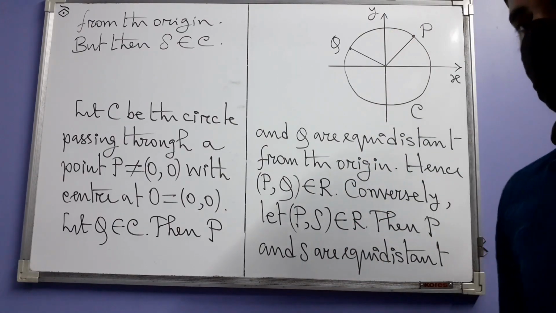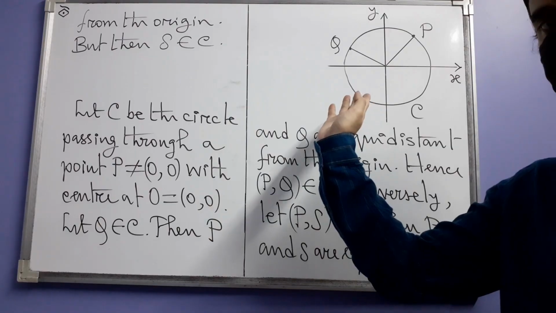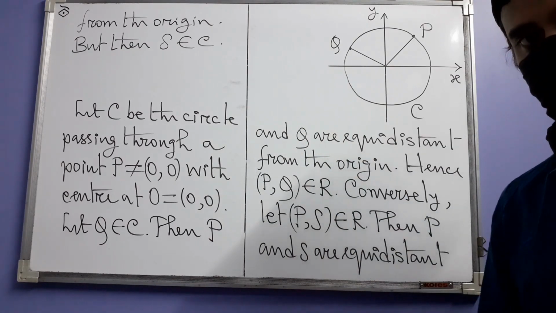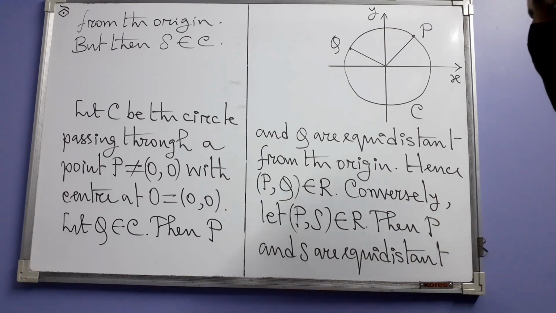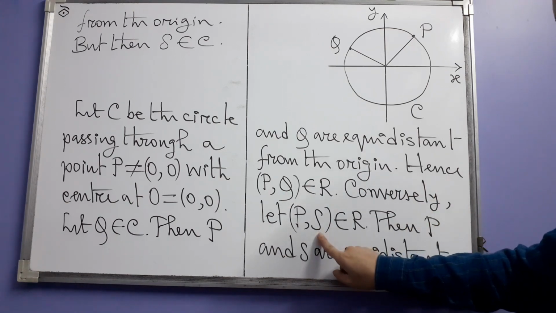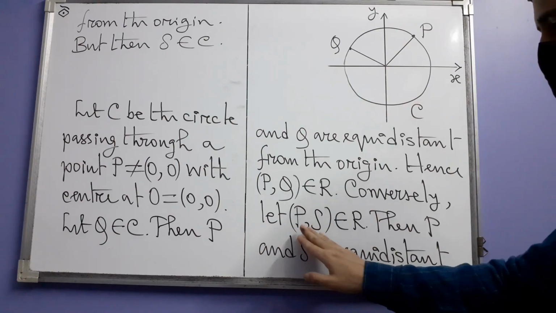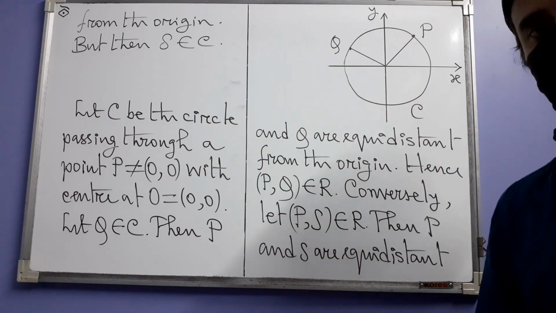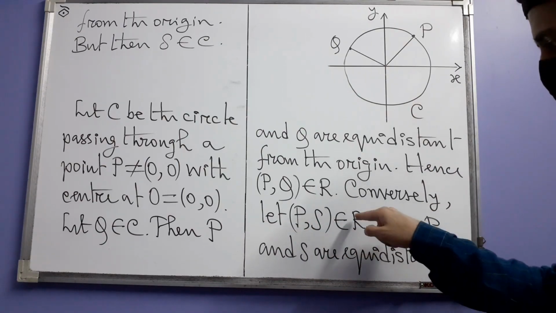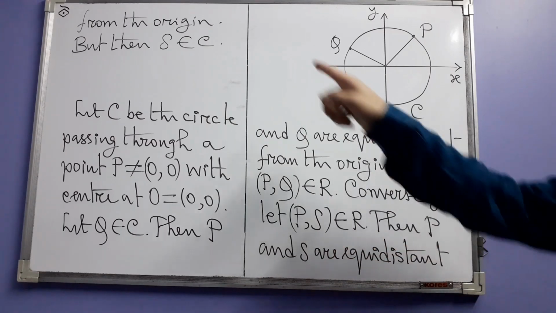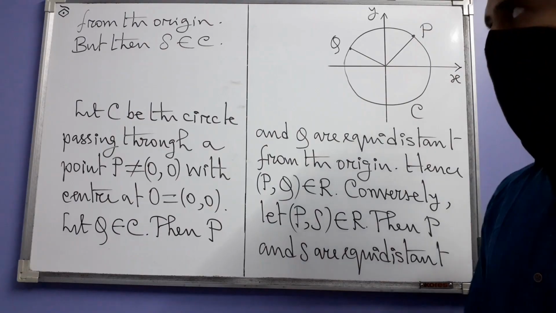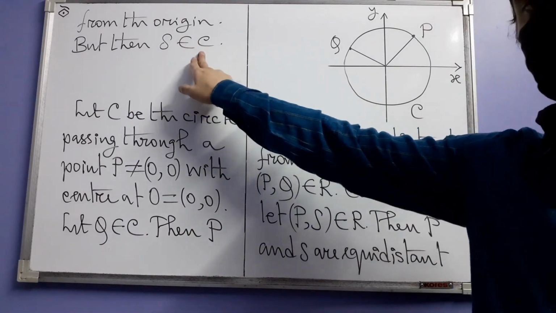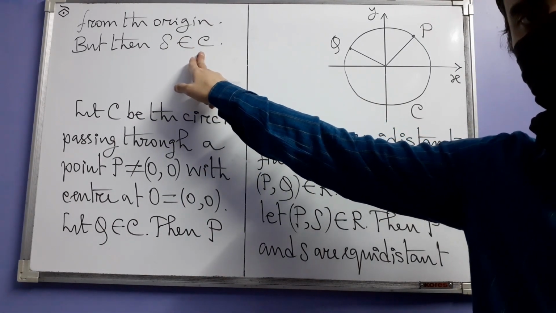So we see that any point Q on C is related to this point P by our relation. Are these the only points, or shall we have some other points in the plane also related to P? So next we have to show that that's not the case. For that, let us choose any point S in the plane that is related to P. Then by the definition of R, P and S are equidistant from the origin. However, in that case, S is bound to lie on C. Why?